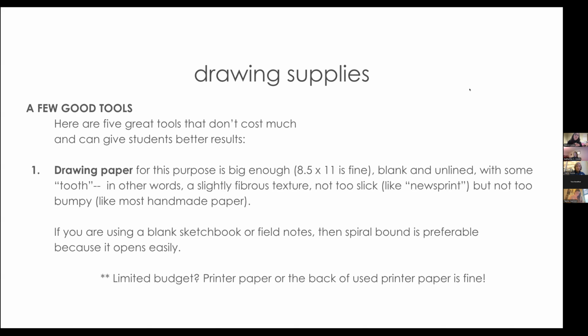And in this kind of drawing, if we're doing observational drawing about natural subjects, you want a relatively smooth surface with something called tooth, which is the little bit of fiber that you can see if you were to look with a hand lens at the surface of the paper. Those fibers are there to grab the graphite. So you want a little bit of texture to it, but it needs to be relatively smooth.